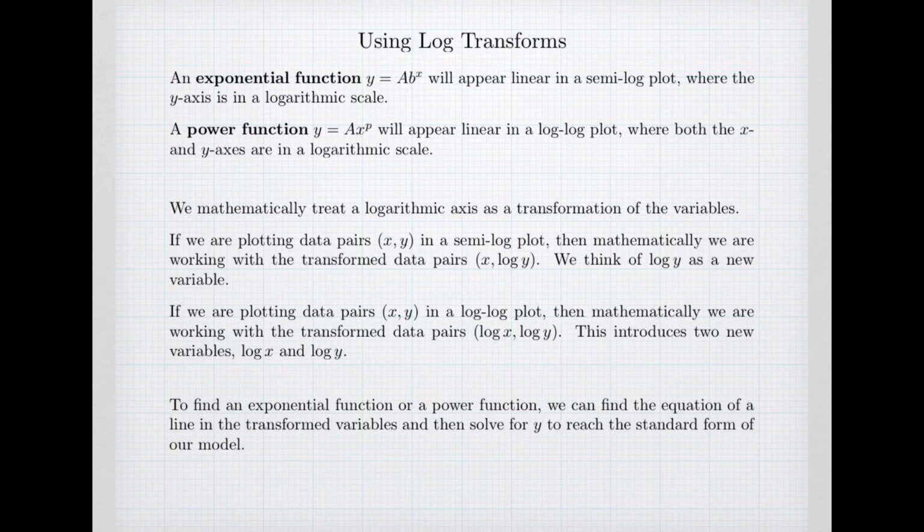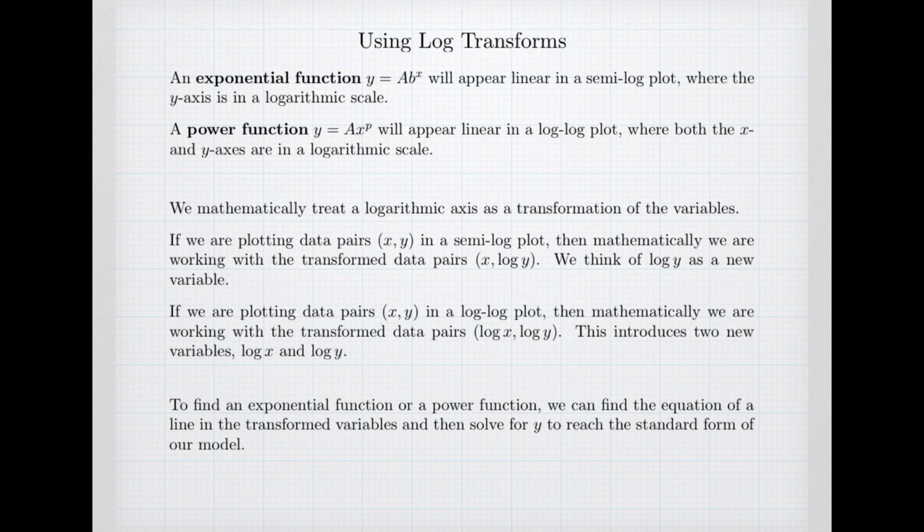So mathematically what we're going to do is anytime I transform an axis, we're going to consider a new variable representing that transformed axis. So here if I have a semi-log plot, that means my y-axis is logarithmic scale. I'm going to be thinking about my second variable now as the logarithm of y.